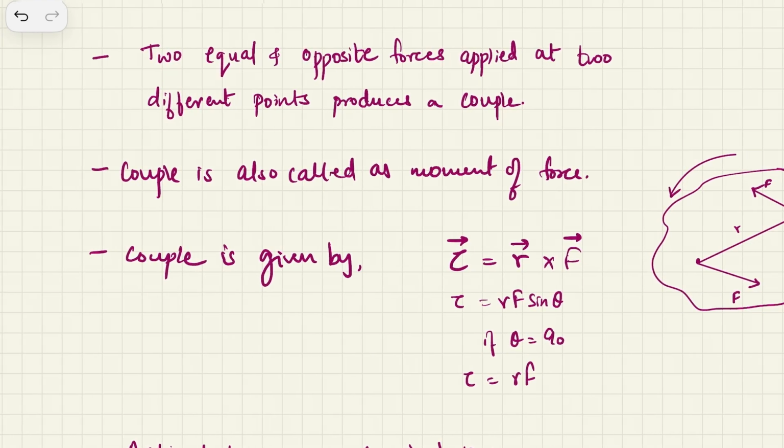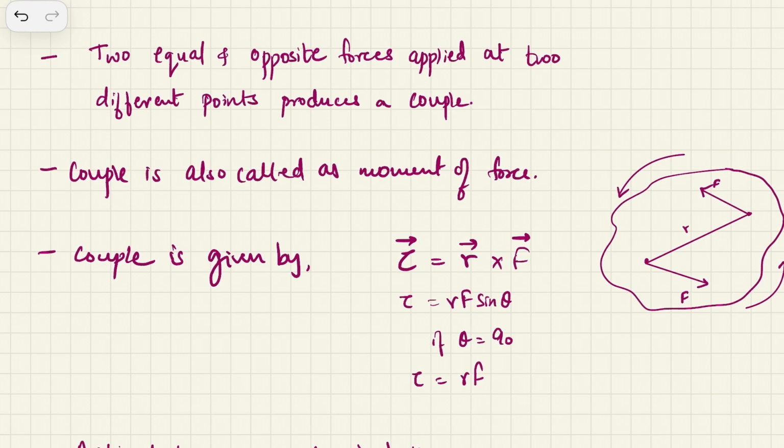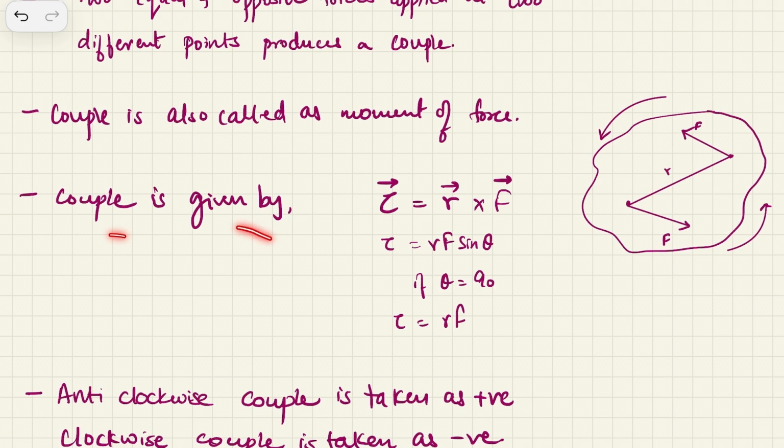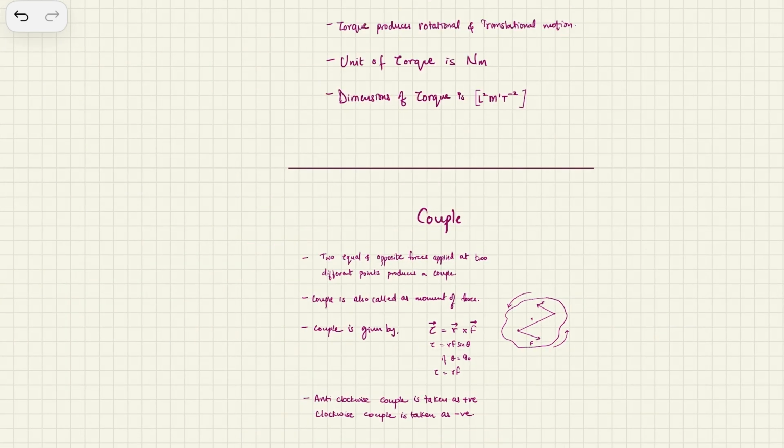A couple is also sometimes called moment of force, and sometimes moment of torque as well, but most famously it is used as couple. A couple is given by the same formula, written with the Greek character tau. It is a vector quantity, r cross F, the same formula we used for torque.